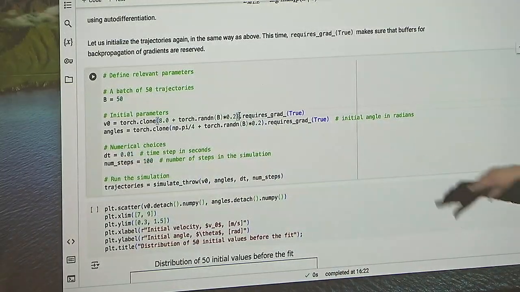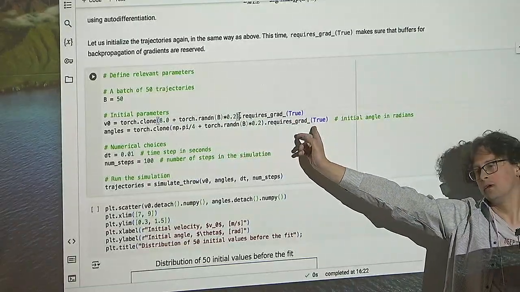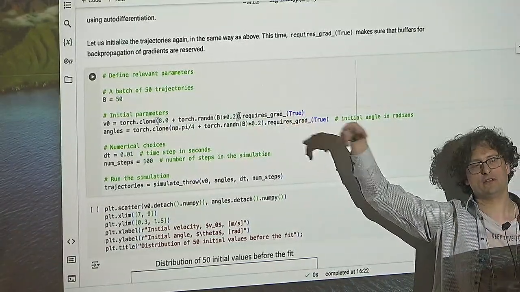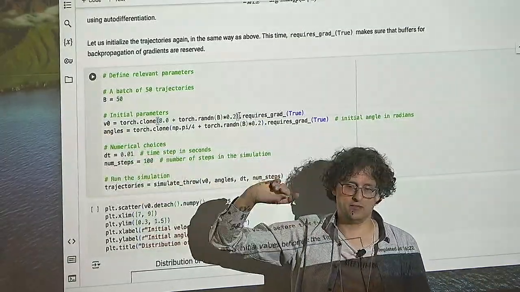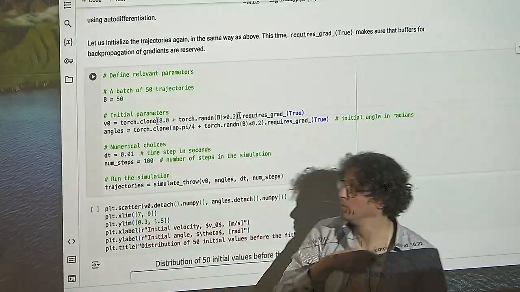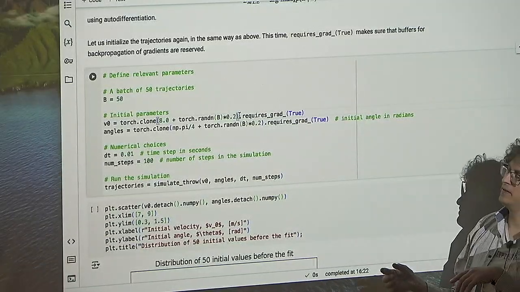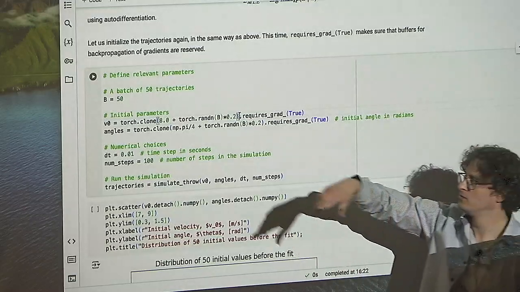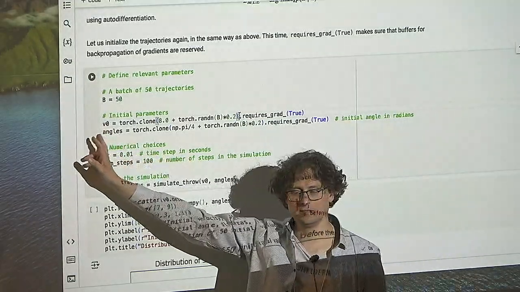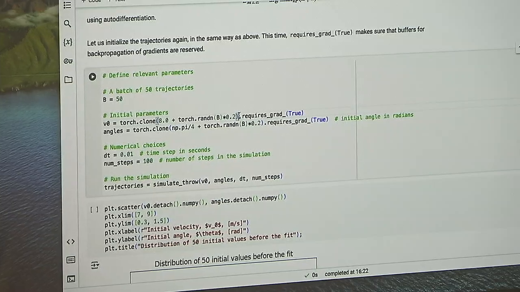We want to optimize them. This is why I initialize them here and set the gradients to true. This makes sure that these parameters are not just parameters, but parameters with gradient buffers. So if you then run the simulator, put the output in a loss function, and run backprop, the backpropagation will go all the way to these parameters and provide information about how to change them to minimize the loss.